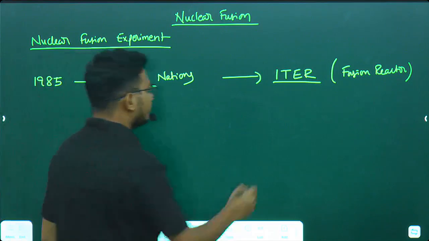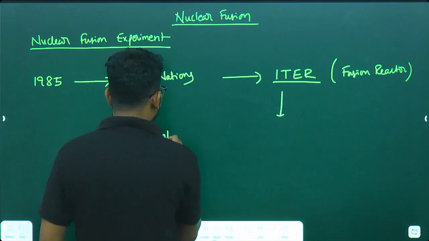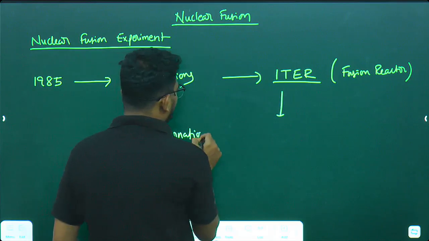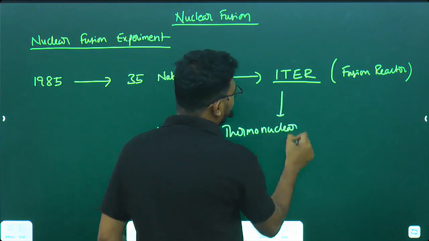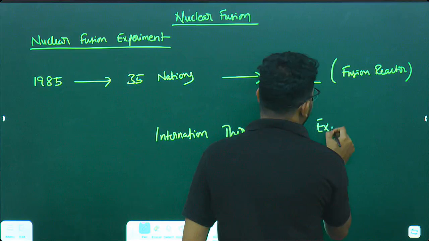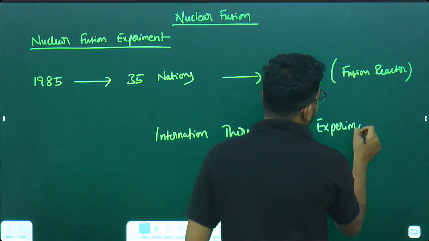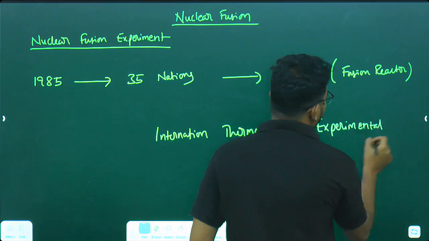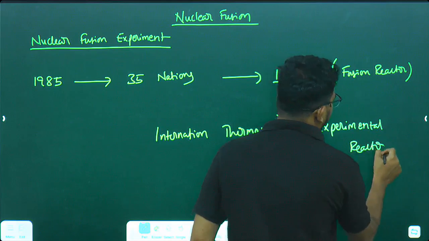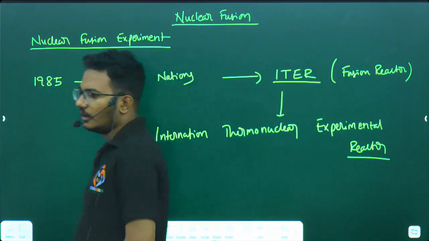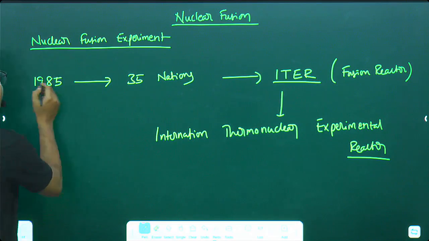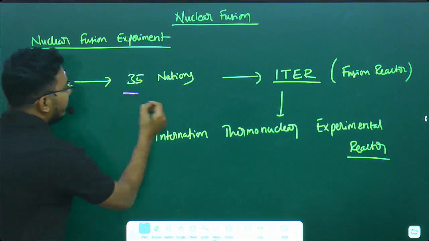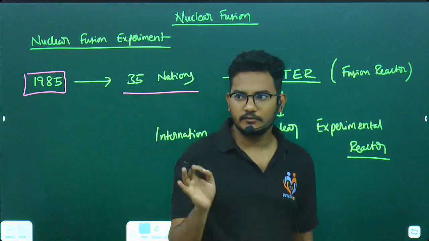Okay, so ITER means International Thermonuclear Experimental Reactor. Okay, so listen to the story. What happened is in 1985, 35 nations came together with the concept of nuclear fusion.